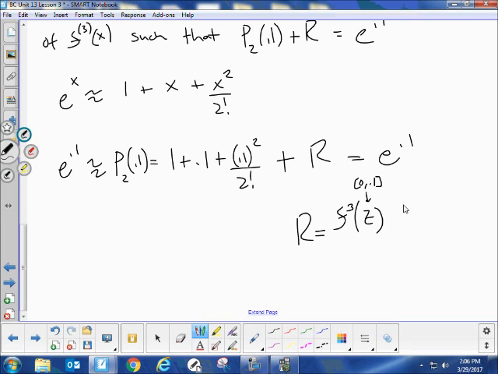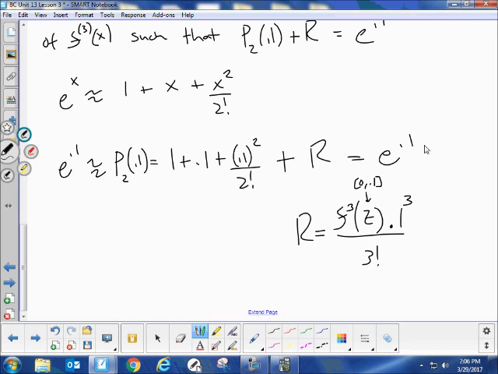So this will be times x minus 0 to the third power, which I'll just write as x to the third power over 3 factorial. And we are approximating 0.1, so instead of x to the third, we'll have 0.1 to the third. So now there's some derivative times 0.1 to the third over 3 factorial that will be added to this.